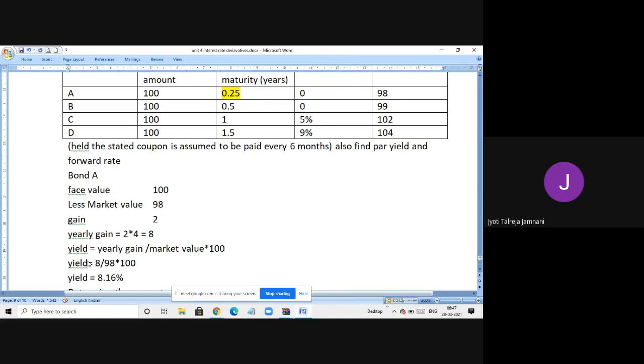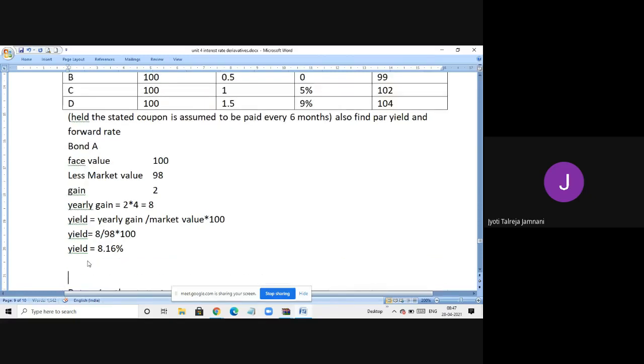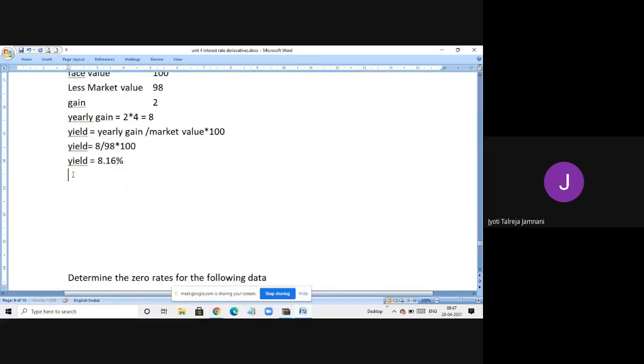We need to find the continuously compounded rate. So the next step is we have to find the value of R2. R2 is equal to M into natural log of 1 plus R1 divided by M. M here is 4 because it is a quarterly time period given.